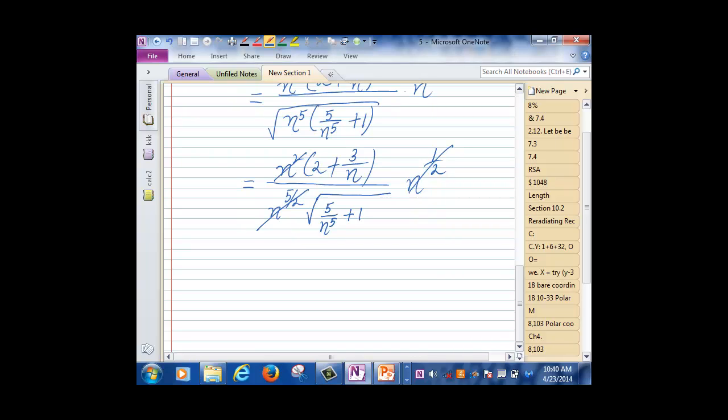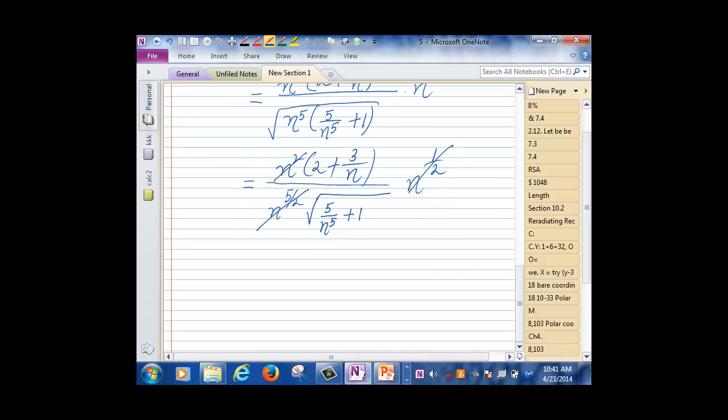You agree with me that I can cancel out these terms? If you're not sure, let me know, okay? So again, n to the 2 times n to the half gives n to the 2 plus a half, which is n to the 5 half, which then cancels out the n to the 5 half in the denominator.